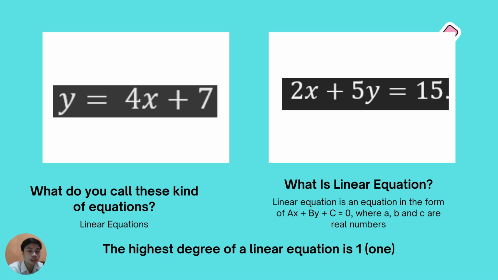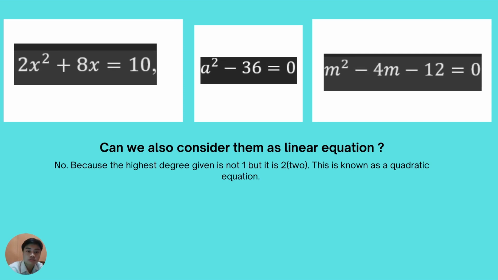How about this equation? Let's consider 2x squared plus 8x is equal to 10, a squared minus 36 is equal to 0, and m squared minus 4m minus 12 is equal to 0.